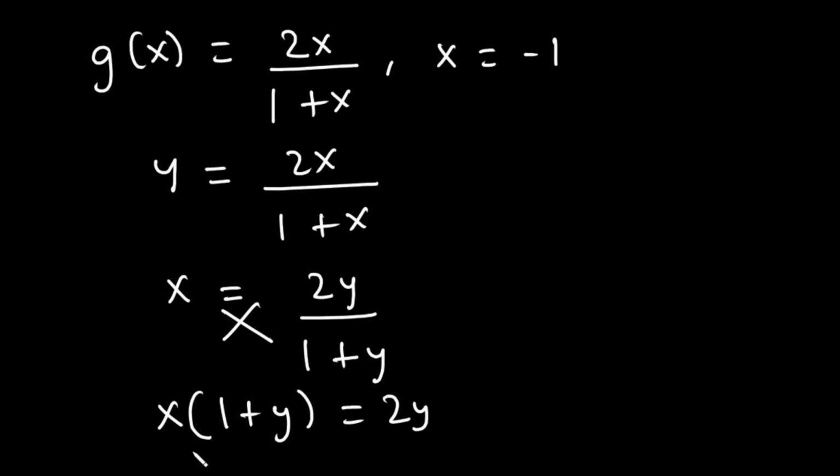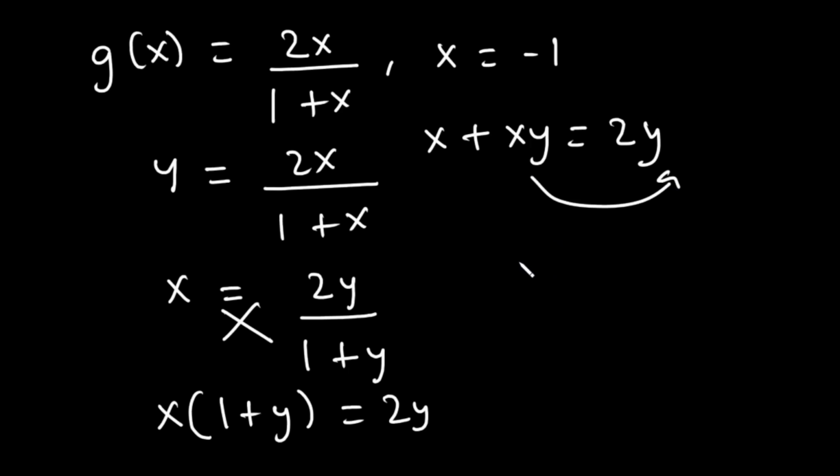And then we distribute x across. So x times 1 is x. And then x times y is xy, which is equal to 2y. Because we want to make y the subject, we will transpose xy to the right hand side. So we are going to have x is equal to 2y minus xy.